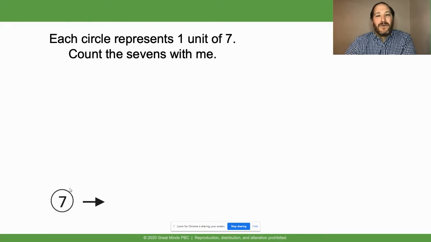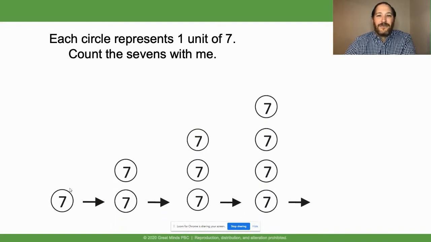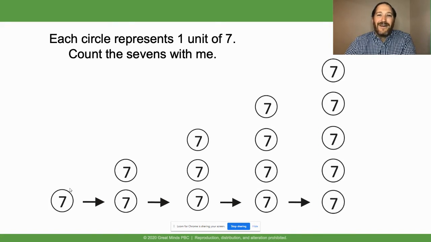This circle represents 1 unit of 7. As I show circles on the screen, count the 7s with me. Here we go. 1 7, 2 7s, 3 7s, 4 7s, 5 7s. Whisper the multiplication fact for 5 7s.